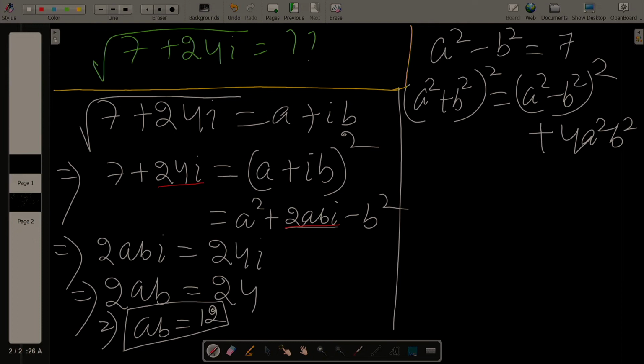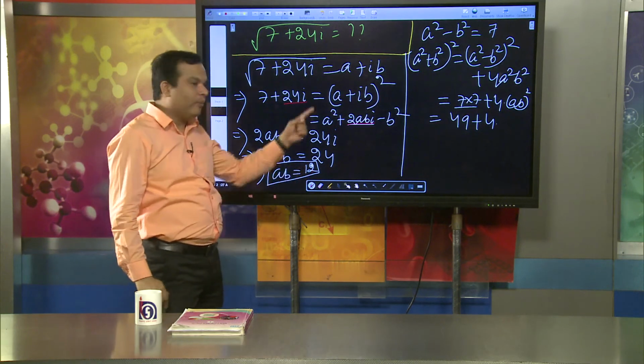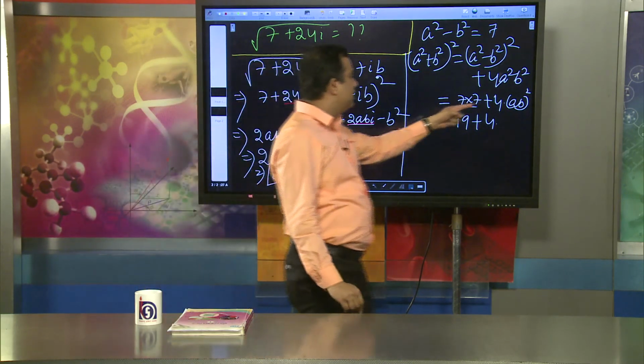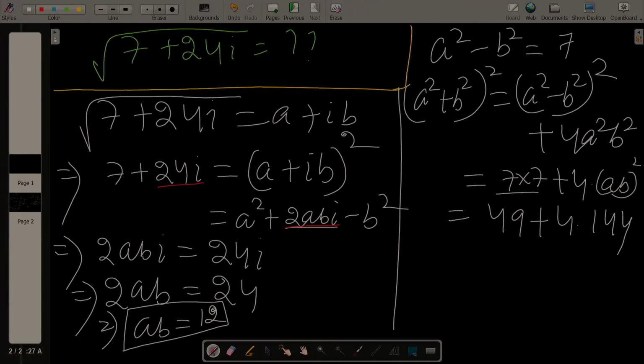Now a square minus b square equals 7, so 7 whole square, that is 7 into 7, which equals 49, plus 4 into (ab) whole square. The value of ab is 12, and 12 multiplied by 12 equals 144. So 4 into 144; when we simplify this quantity, you will find 625.